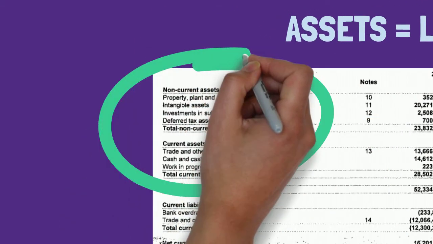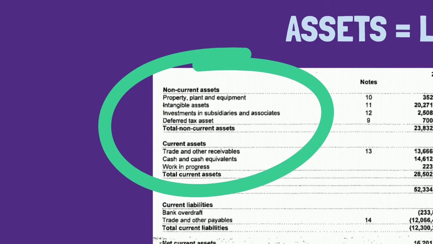Assets are the top part of this balance sheet usually, and are split into non-current and current assets. Current assets are assets that are liquid, and by the term liquid it means they are convertible into cash within a normal operating cycle of a company, which is usually a 12-month period.